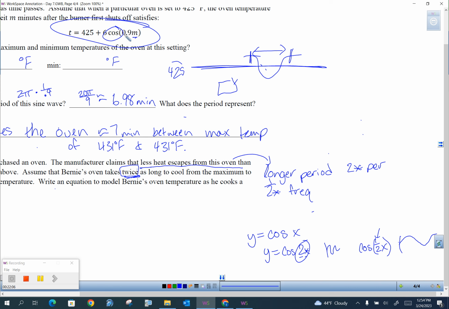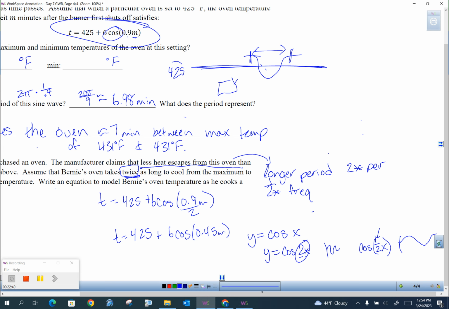But with that, we can take our equation, the normal one, and just adjust it. Taking our 0.9 and literally dividing it in half, which gives us 425 plus 6 cosine of 0.45 m.